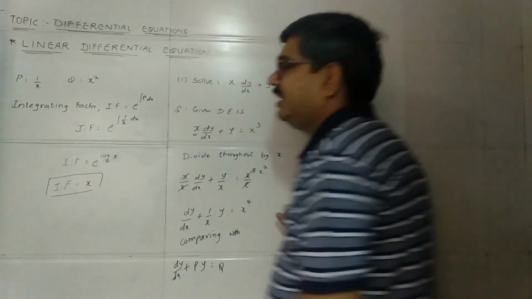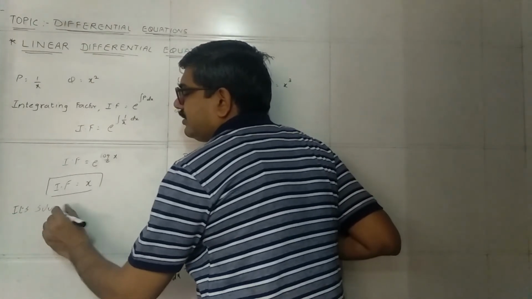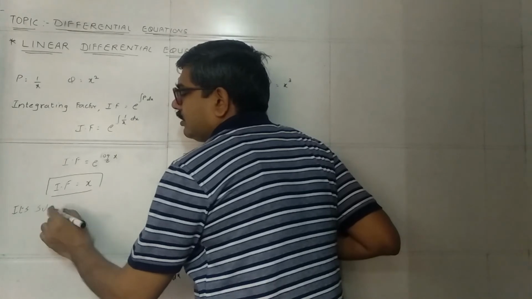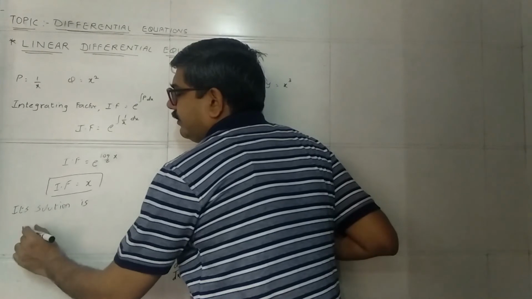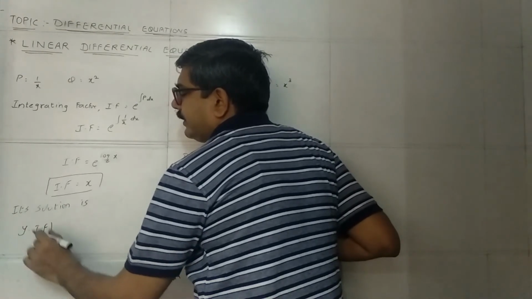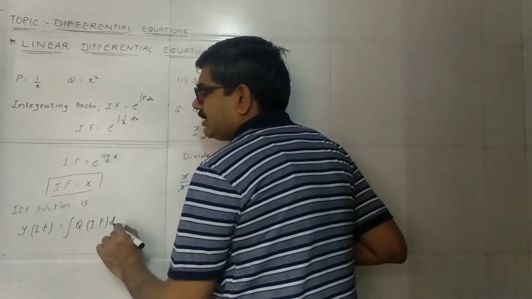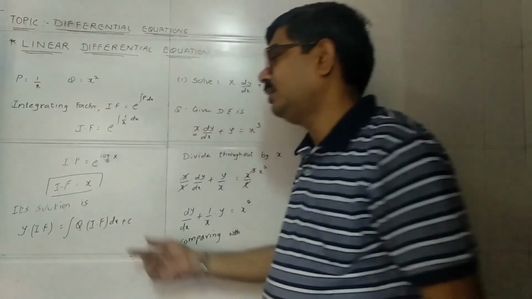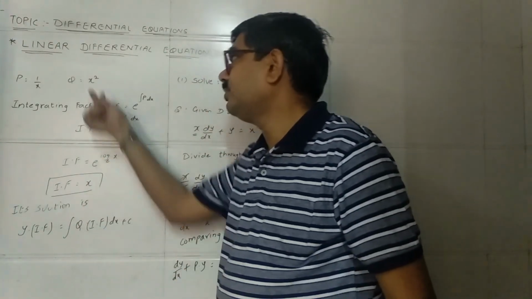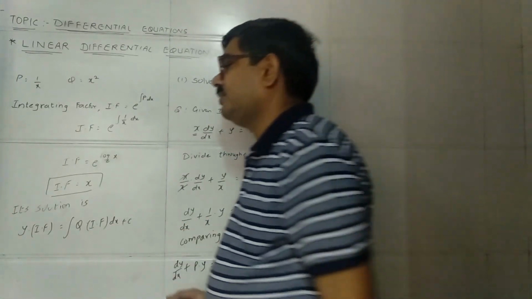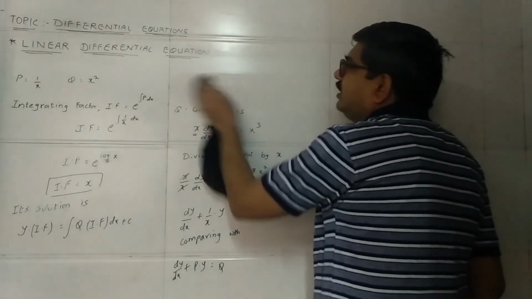So we got IF as x. And after finding the IF, the solution is y into IF is equal to integral q into IF dx plus c. Now here in this equation we'll substitute the value of IF that we got and the q value also, and then we'll integrate this. So I'm doing that here.